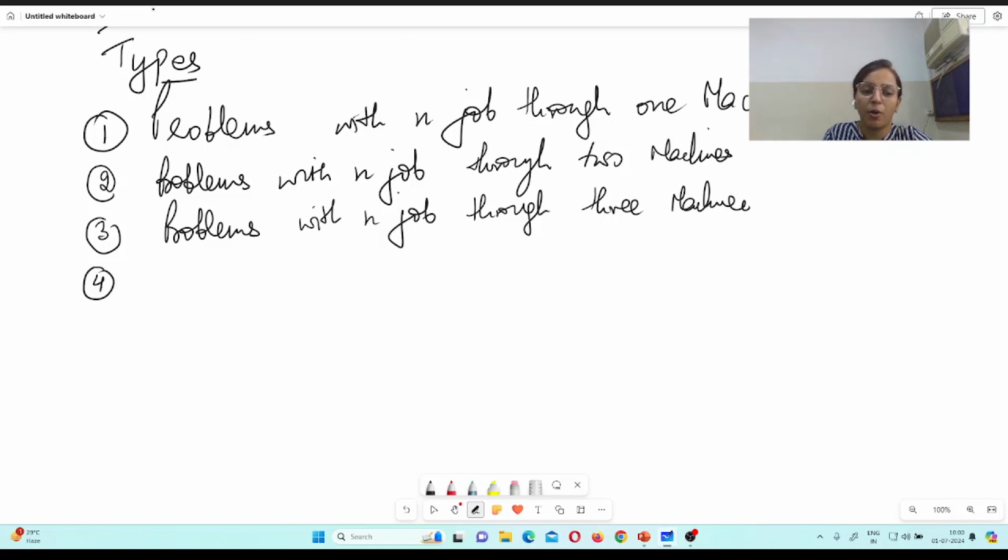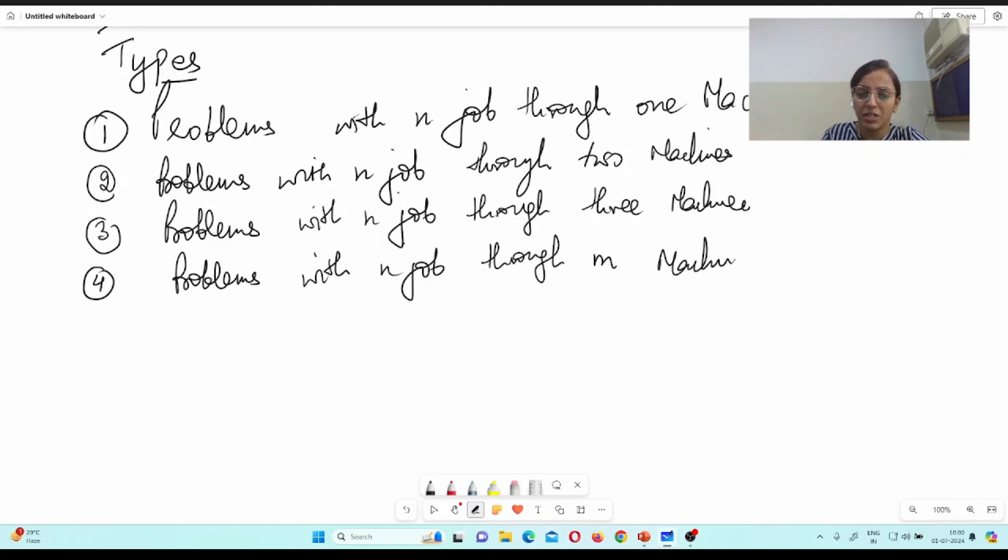The fourth category of problem which we have to discuss is the problem with n jobs, where you have a number of jobs and have to process them through how many machines? Now we are taking one machine, two machines, three machines, and now m machines, right? N jobs and m machines, as it is written over there.